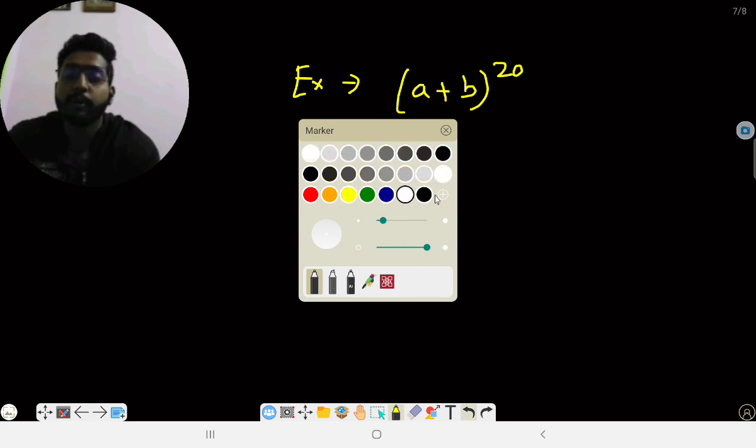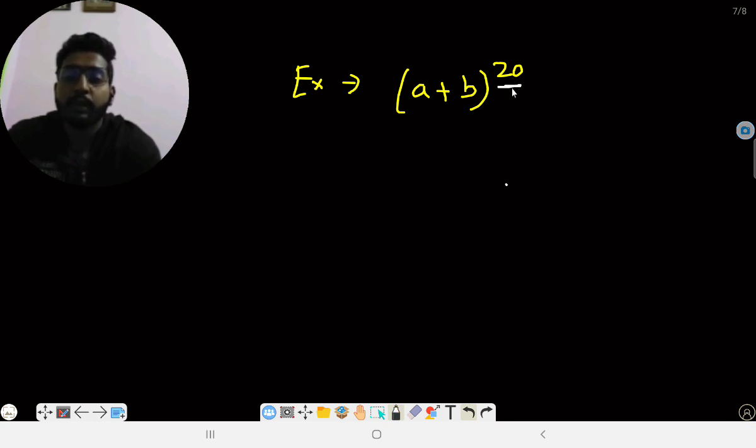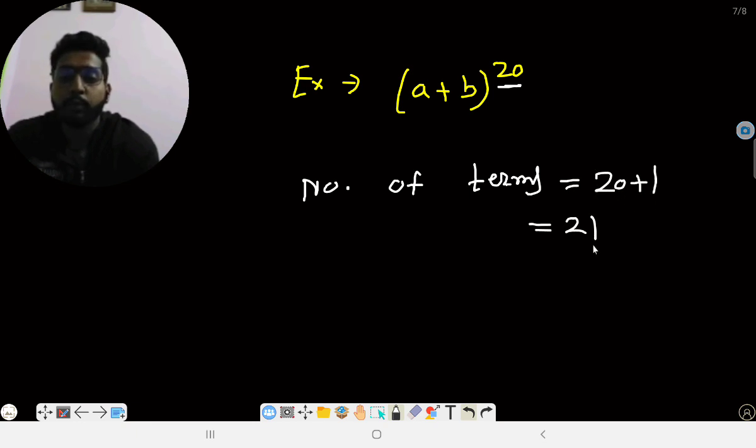For example, suppose it is given (a plus b) whole to the power 20. How many terms are there? The power is 20, so the number of terms will be 20 plus 1, that means 21.